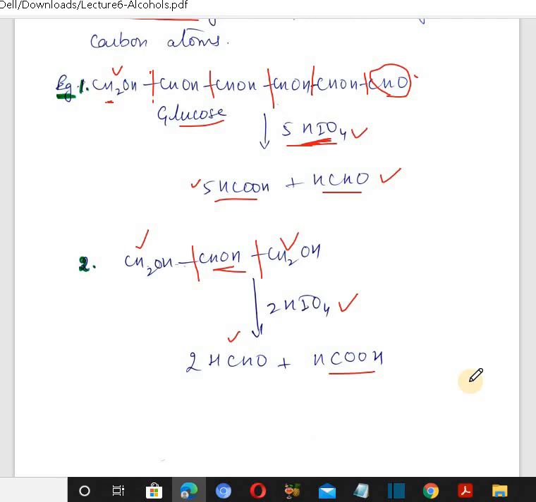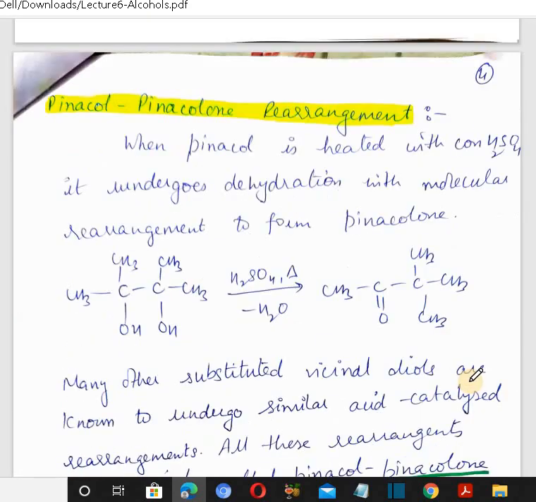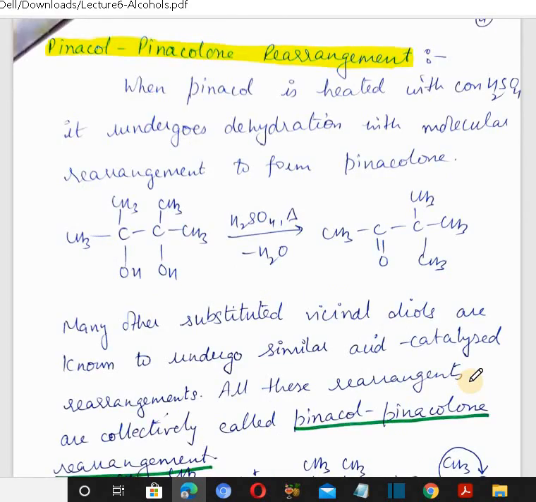So we next move to a very important rearrangement, that is the pinacol-pinacolone rearrangement. In this rearrangement, glycols are treated with concentrated sulfuric acid and then we get this product, that is out of these 2 carbons one will have a C double bond O group.